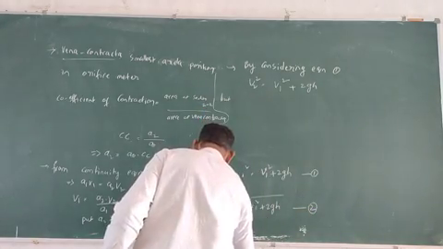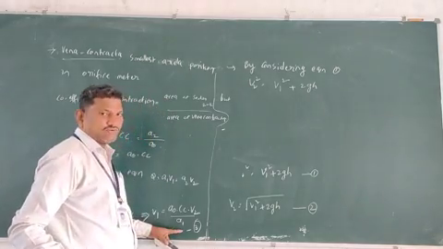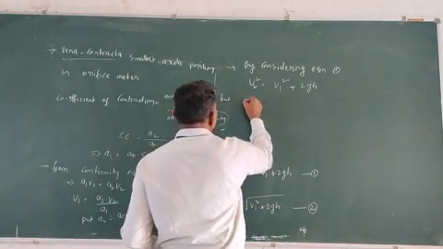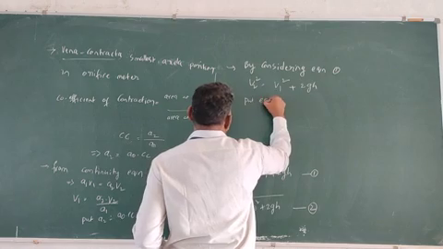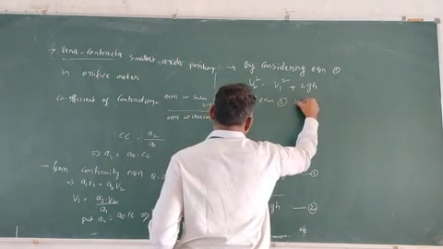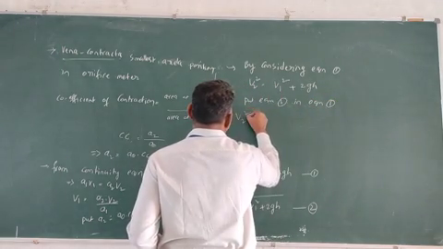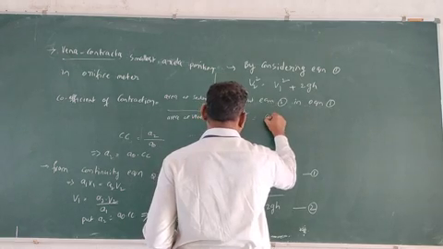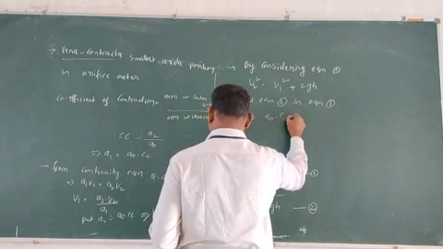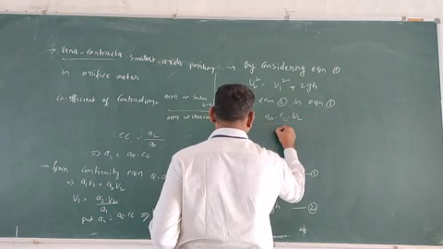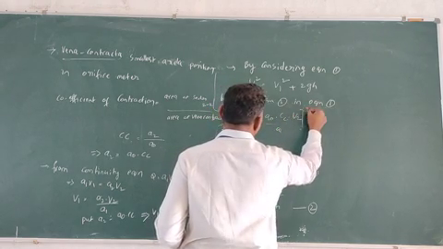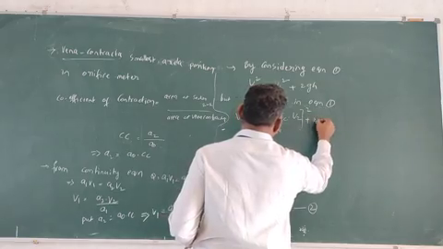This V1 expression we can assume as equation 3. So put equation 3 in equation 1. So V2 square is equal to (A0 CC into V2 by A1) square plus 2gH.